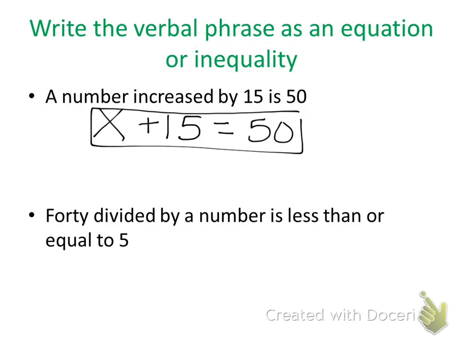And last but not least, let's scan this one for any turnaround words. What do you think? This can be a little bit tricky. Do you see a turnaround word? You see than and less than, but read it all the way. Is less than or equal to. So what does that mean?